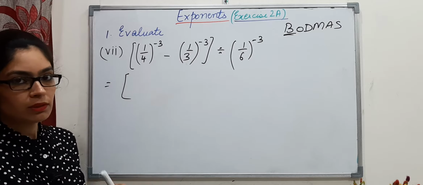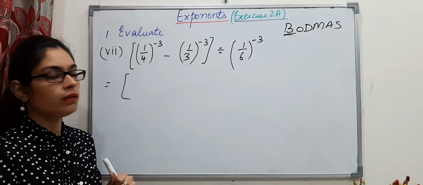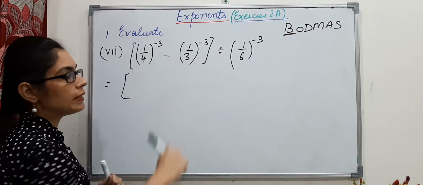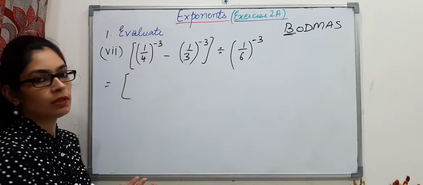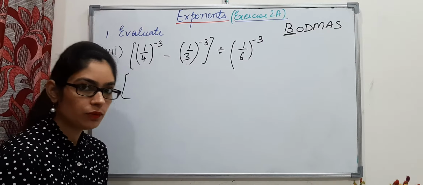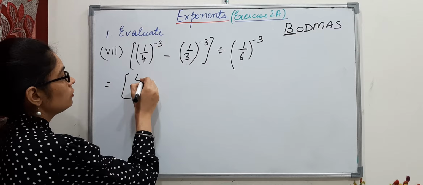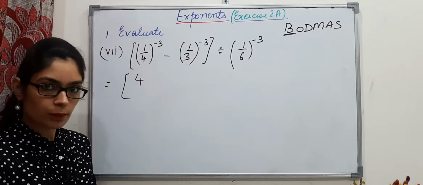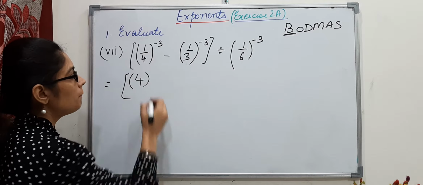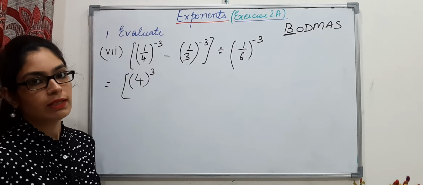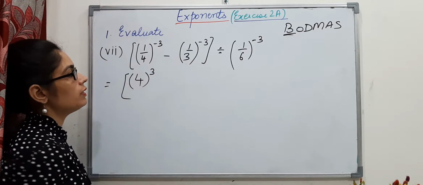How to make powers positive? We have to take the reciprocal of the bases. Here the base is 1 by 4. The reciprocal of 1 by 4 is 4 by 1, so we can write 4, no need to write the 1 in the denominator. And its power is changed to plus 3, or simply 3. From minus 3 to 3 we have changed it.